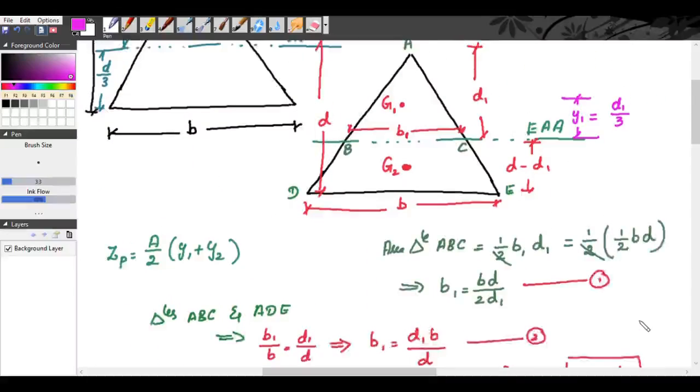Now how will we calculate Y2? So Y2 is this distance, right? This is Y2. So for Y2 you can use the formula.